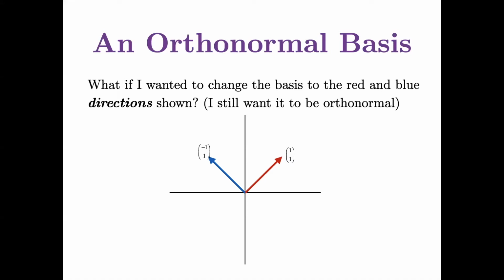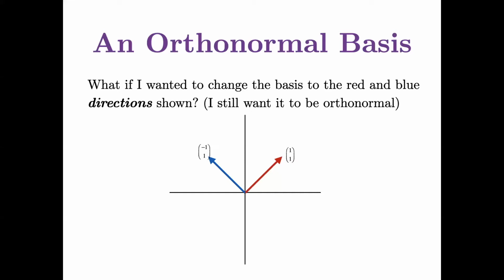Now, what if I want to change the basis to the red and blue directions shown, but I still want it to be orthonormal? Well, the two vectors under consideration are mutually perpendicular, so that satisfies the first part of the definition, but I also need them to be unit vectors. That's no problem. I just need to find the unit vector that points in the direction of each.